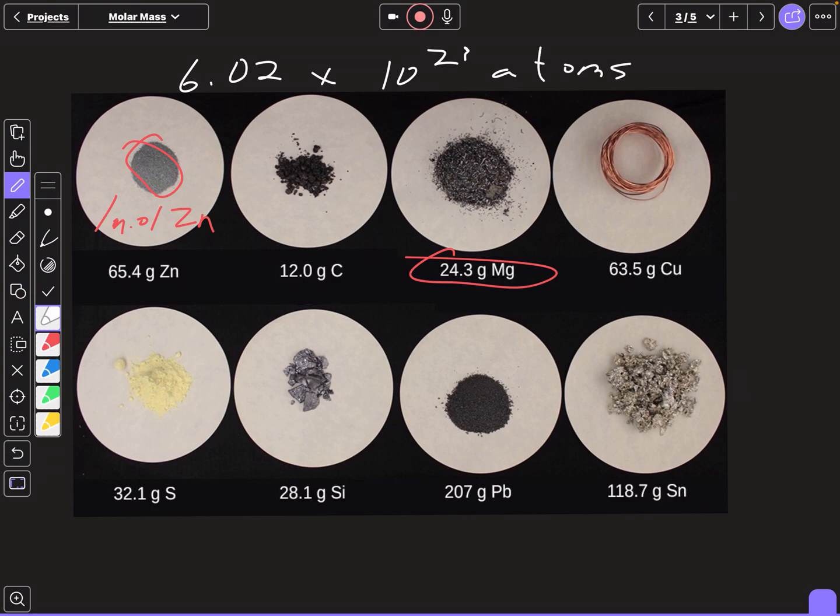So that would be constant for all of them, but defined in terms of molar mass, it would be different for each sample. And we would have to look up what 1 mole of it is, so we have to look at its atomic mass to figure that out.